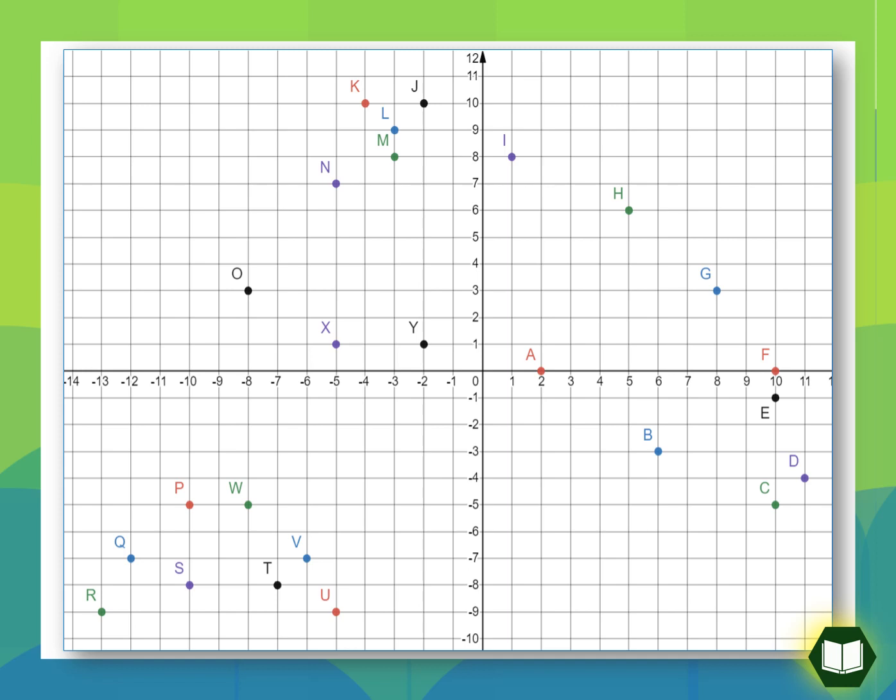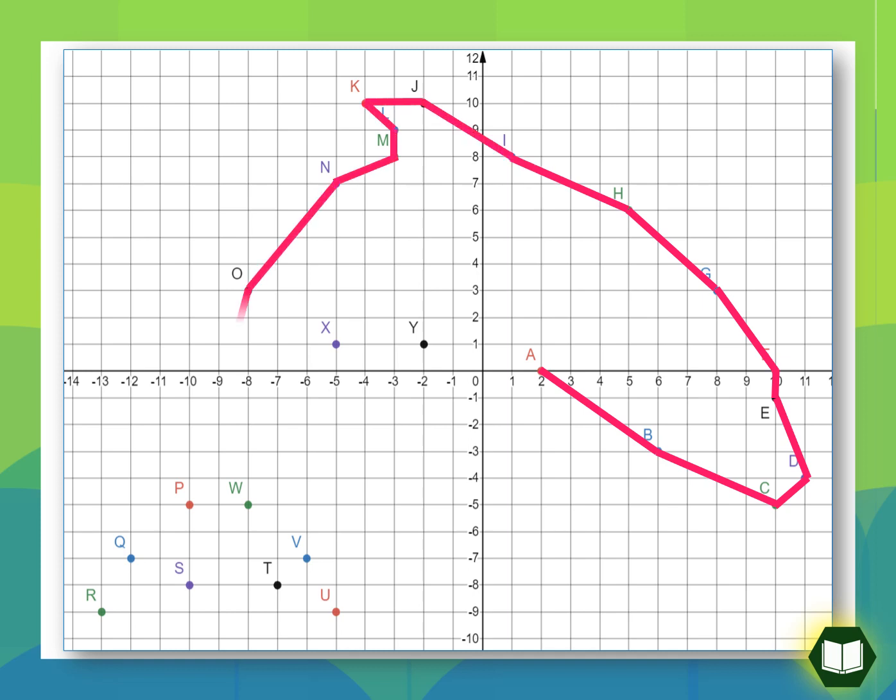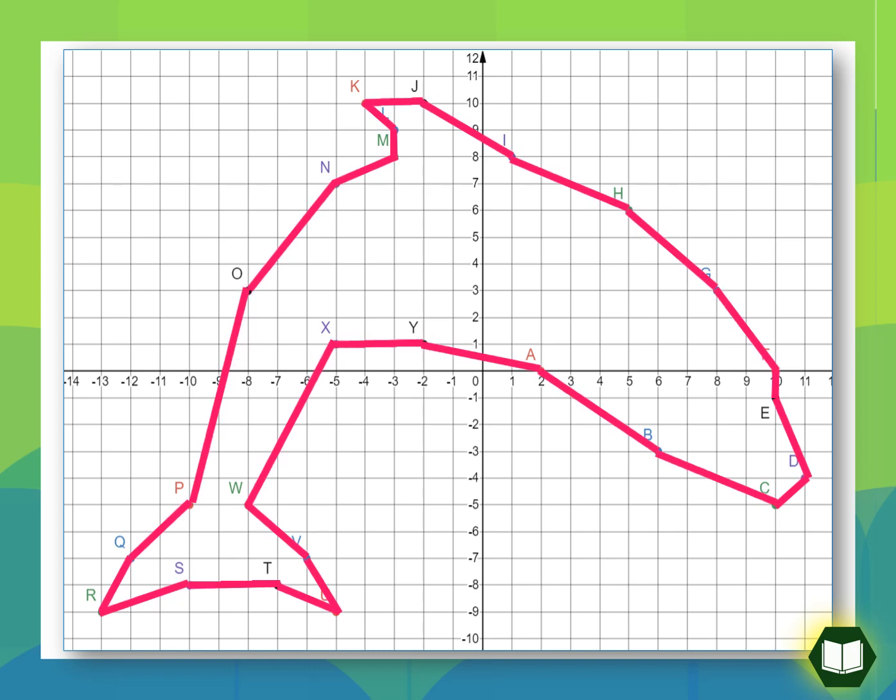These are the plotted points on the Cartesian plane. Connecting the dots in order, the figure formed is what? Yes, you are correct. It is a dolphin.